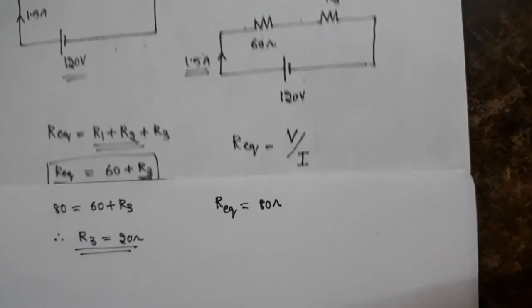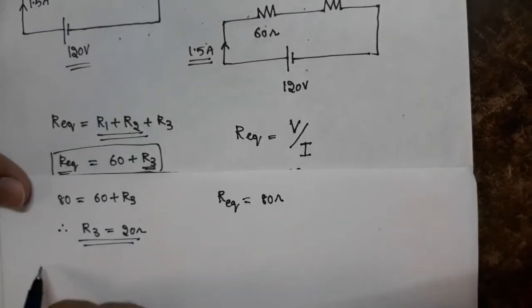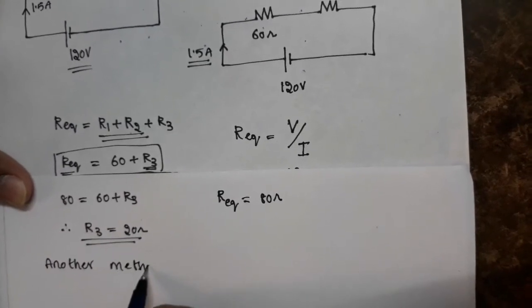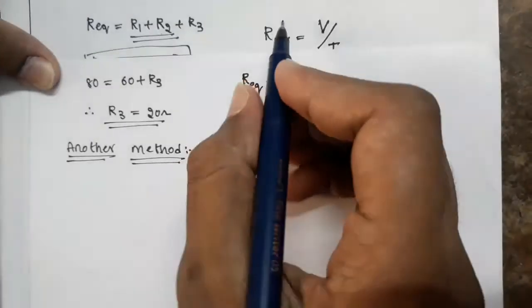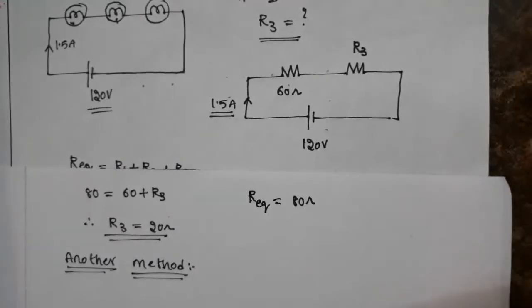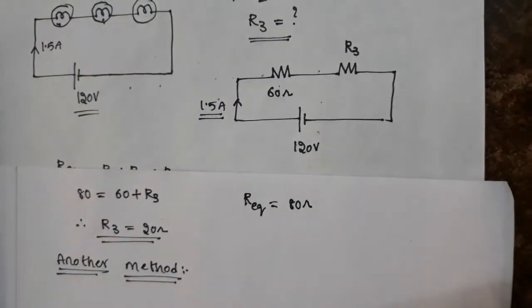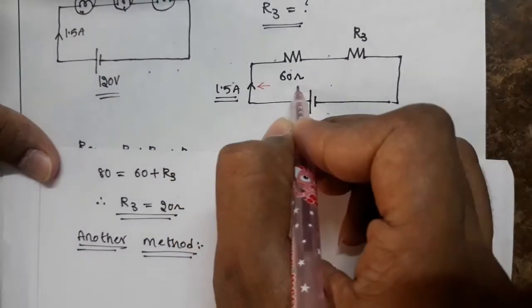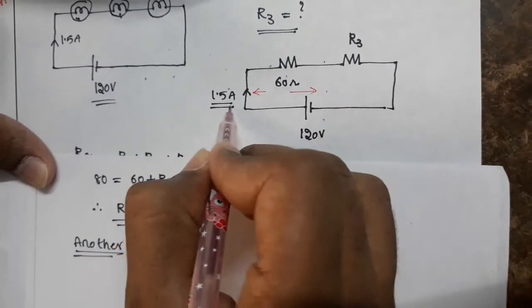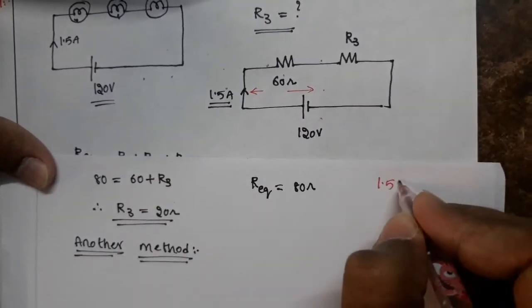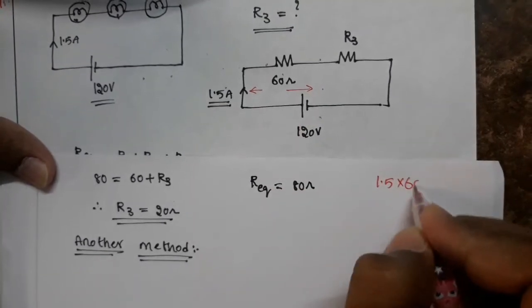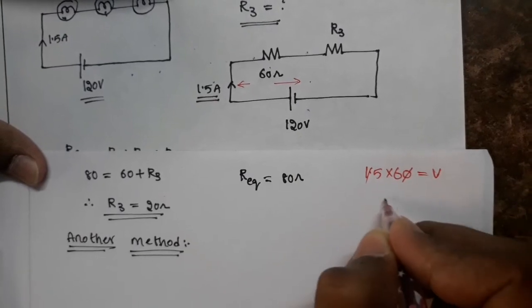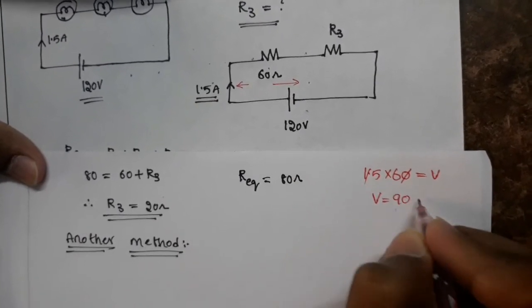We can use another method for finding R3. From this diagram we can find the voltage across lamp 1 and lamp 2, that is the 60 ohms resistance. As we know the current is 1.5 amperes and the resistance is 60 ohms, 1.5 into 60 equal to 90.